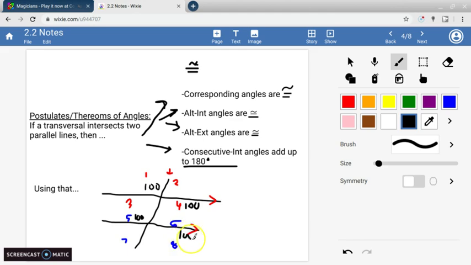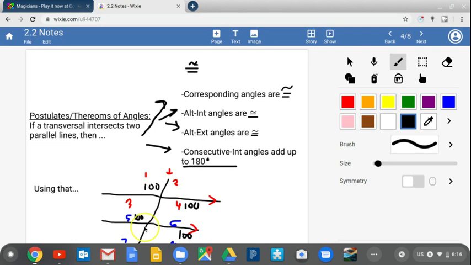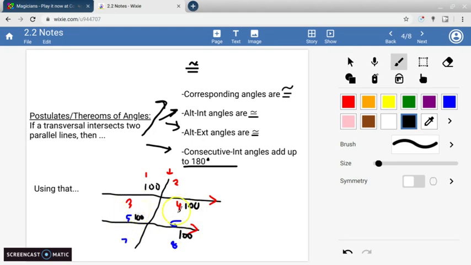So we know that's also 100. Now, we also know that alternate exterior angles are equal. These two right here, 1 and 8, are equal. They're already filled in. But then consecutive interior angles add up to 180. So 3 and 5, and 4 and 6, are like that also.